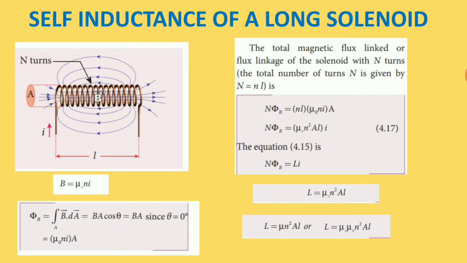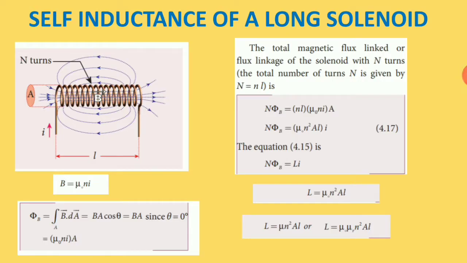The total magnetic flux of the solenoid with N turns, where N is equal to nL: N phi B is equal to N mu 0 n I A, where capital N is the total number of turns.